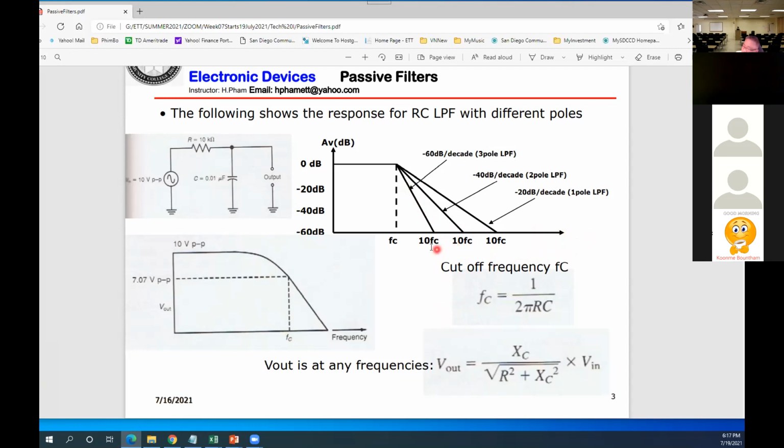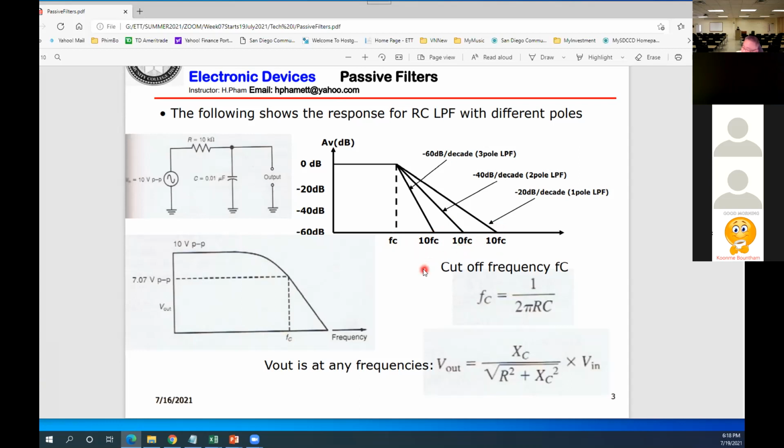Now, that is 1 kilohertz, right, correct, and that will be 10 kilohertz. That will be 10 kilohertz.